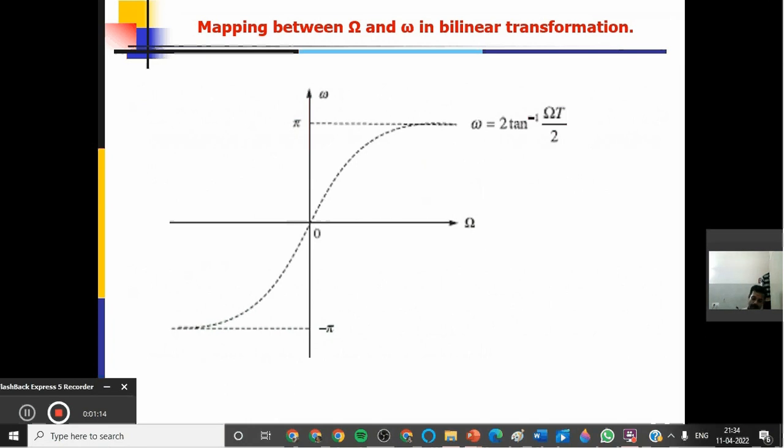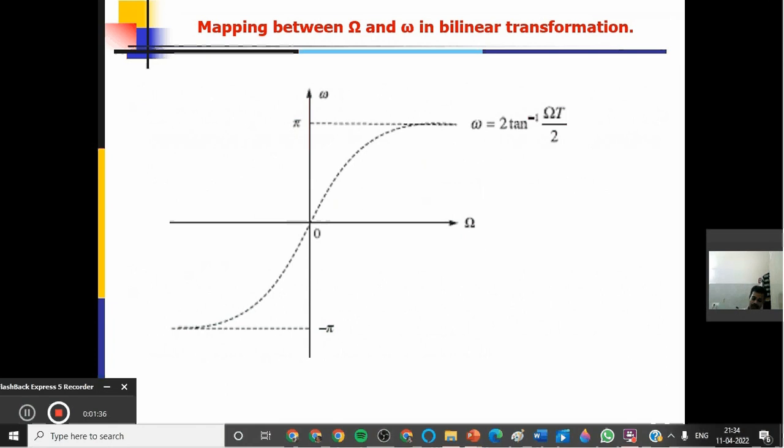So what is frequency warping? In bilinear transformation, the relation between the analog and digital frequency is non-linear, and when the S-plane is mapped into the Z-plane using bilinear transformation, this non-linear relationship introduces distortion in the frequency axis, which is called frequency warping.